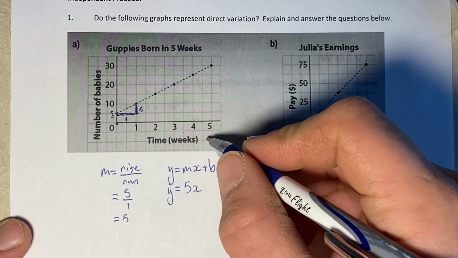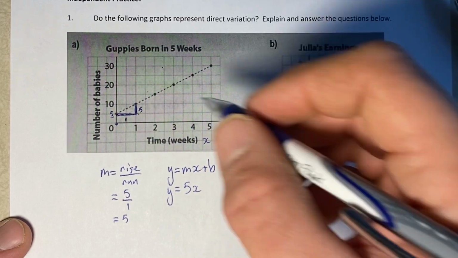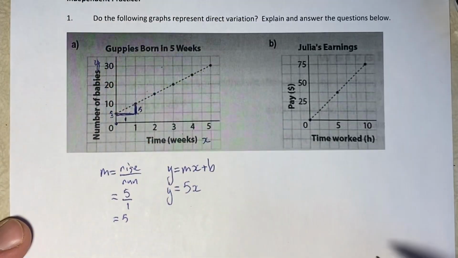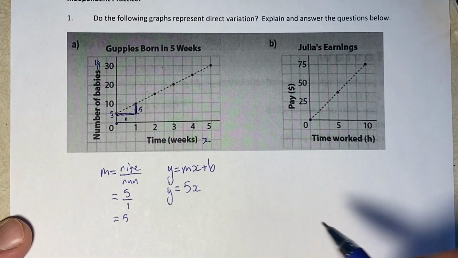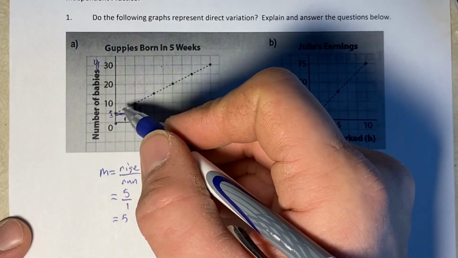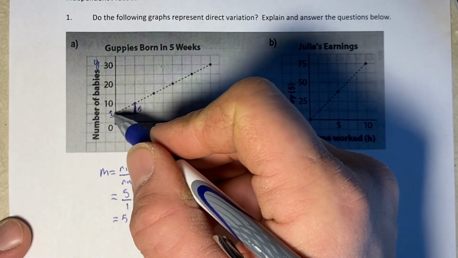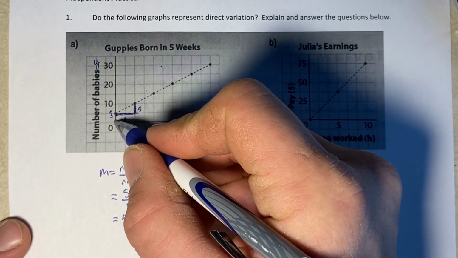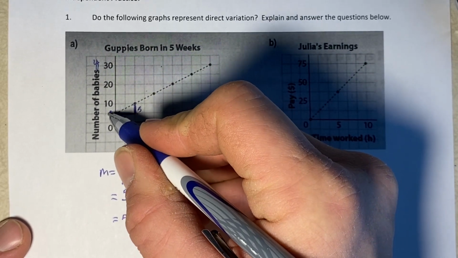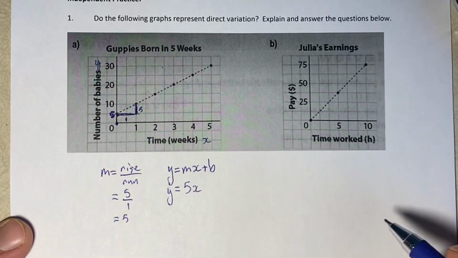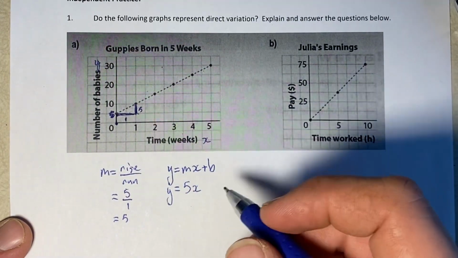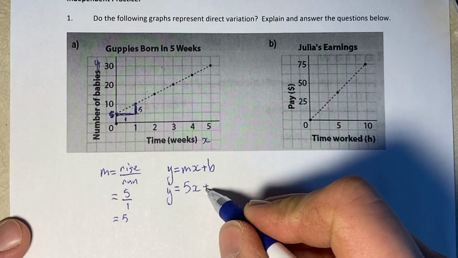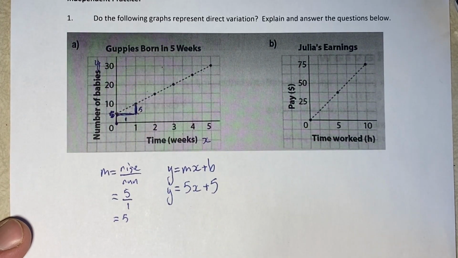Our x variable in this case is time, and our y variable is the number of guppies. So b is our initial value, where the line intersects the y-axis. The distance from 0 to 5 here is 5, so that's the initial value of the guppies born in 5 weeks. So plus 5 is our value of b.